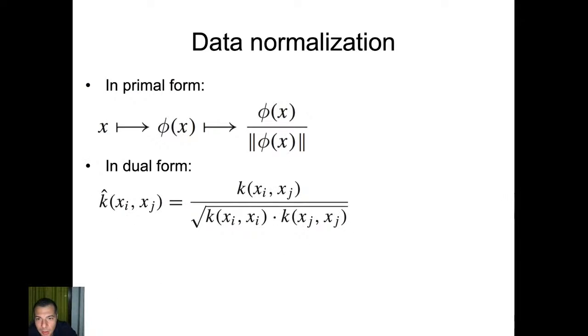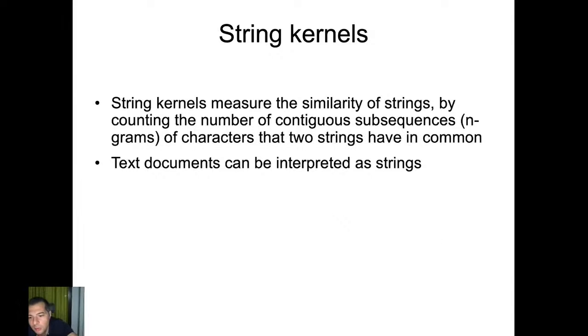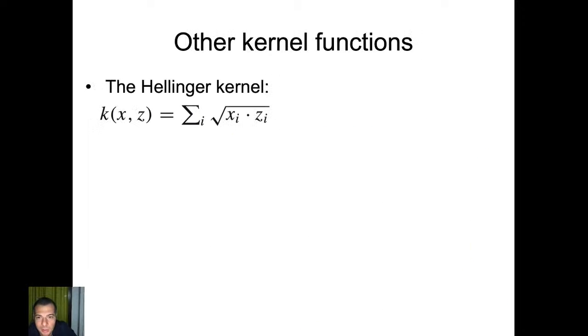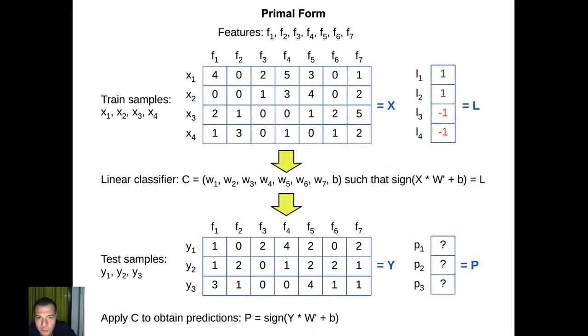Okay, and regarding the normalization, let me just go back. In the meantime, until I go back to the slide that I want, you can ask questions. Yeah, I wanted to go back to this slide. If you look at these vectors, for example, x1 has a higher norm, so it usually has components with larger values, and x4 has components with smaller values.